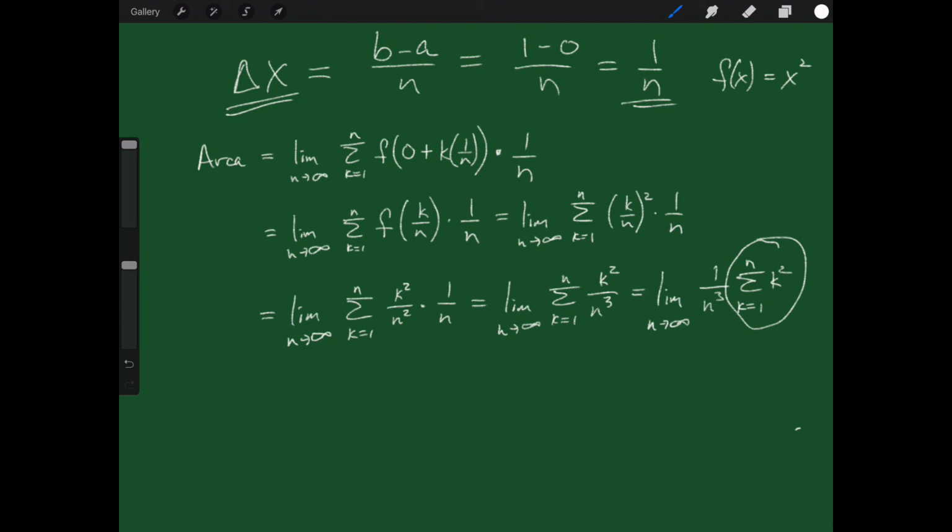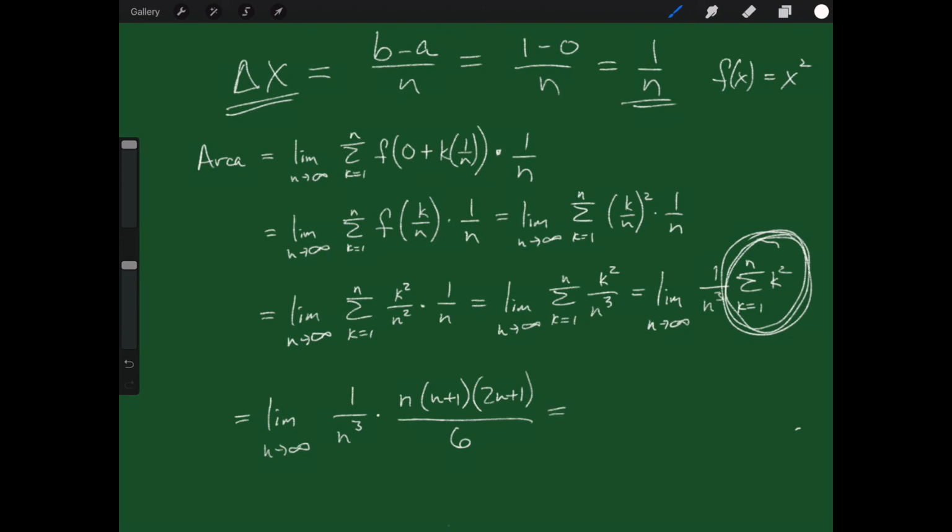I told you what the sum of the first n squares is, so let's write it. We've got the limit as n goes to infinity of 1 over n cubed, and the sum of the first n squares is n times n plus 1 times 2n plus 1 over 6.